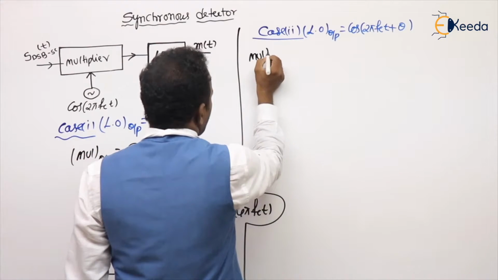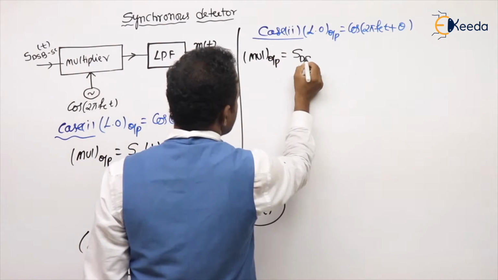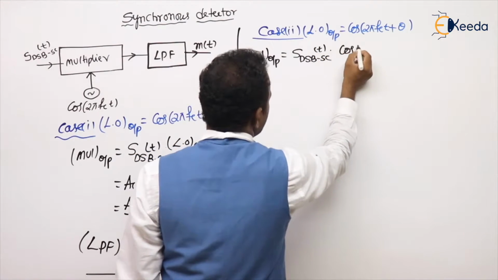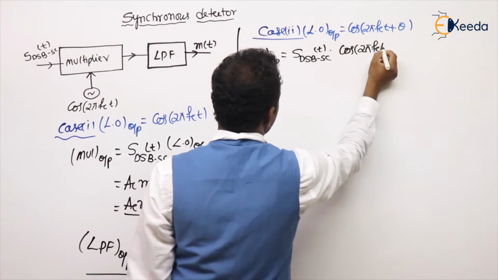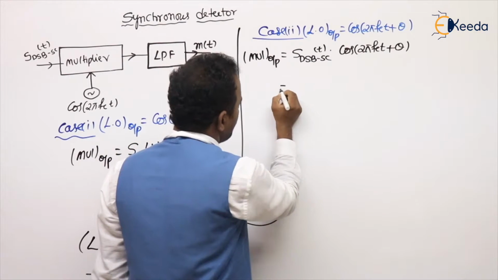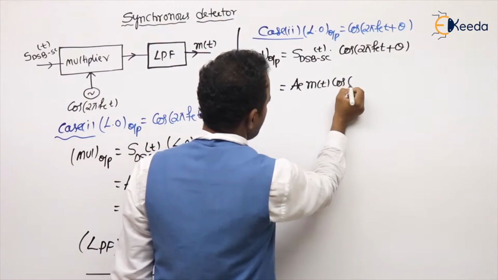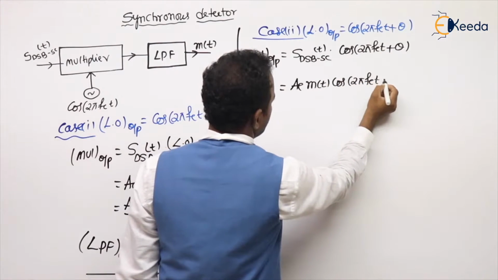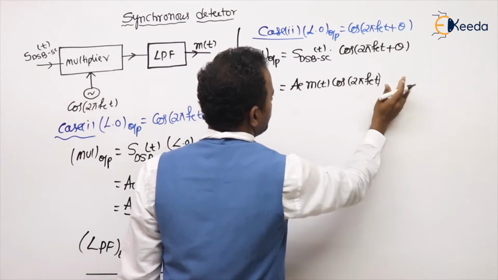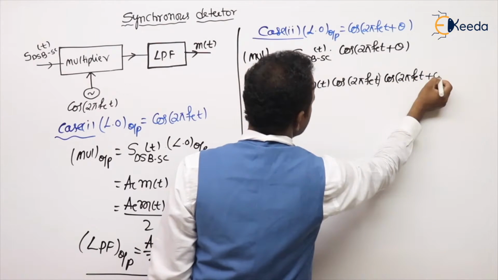What is the multiplier output? One input is the DSBSC signal, the other input is the local oscillator output, that is, cos 2 pi fct plus theta. Substitute the DSBSC signal, recalling its general expression: Ac into m of t cos 2 pi fct. And the local oscillator output is nothing but cos 2 pi fct plus theta.